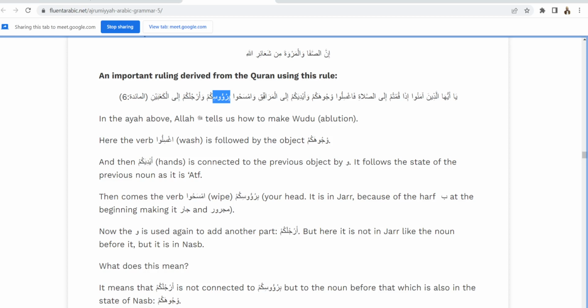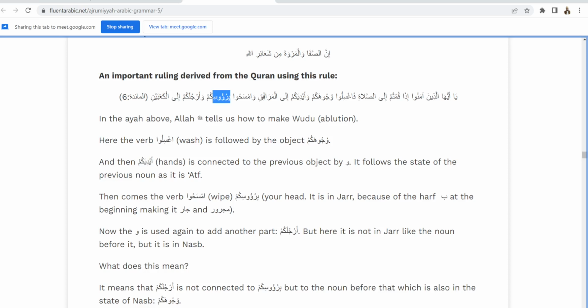So here, يا أيها الذين آمنوا إذا قمتم, the conjunction will be put like this in theory. إذا قمتم إلى الصلاة, if you stood up for الصلاة, فاغسلوا وجوهكم, wash your face, وأيديكم, and your hands to the elbows, وأرجلكم إلى الكعبين, and your feet until the ankles. So this is the taqdeer, the expectation.